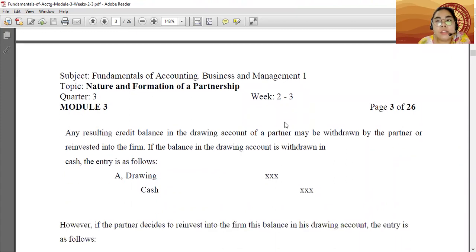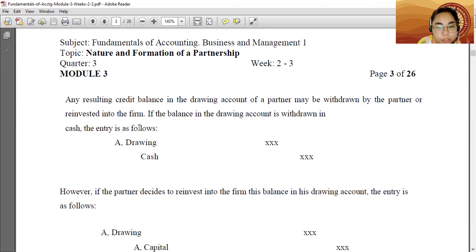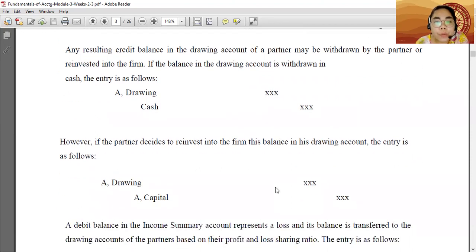Income, and if I were the partner, if I withdraw it in cash, this would be my entry: a debit to drawing, then credit cash. But if he wants the gain from the partnership to be reinvested into the firm, what would be your entry?